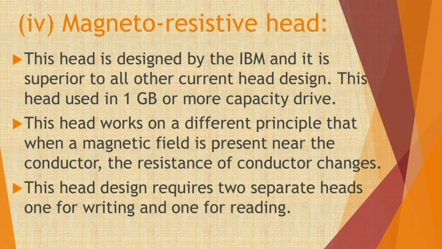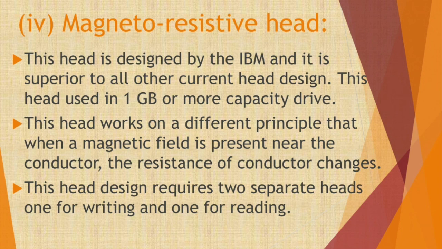Our next type of head is the magnetoresistive head. This head was designed by IBM and it is superior to all other current head designs. This head is used in drives of 1 GB or more capacity. This head works on a different principle: when a magnetic field is present near a conductor, the resistance of the conductor changes.